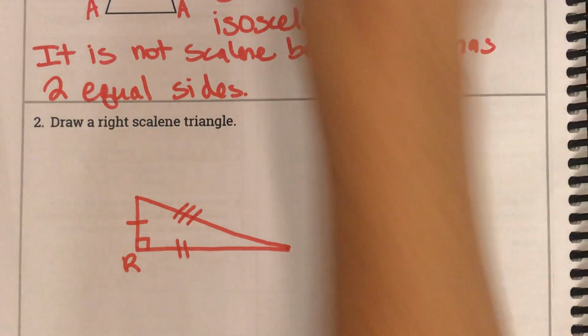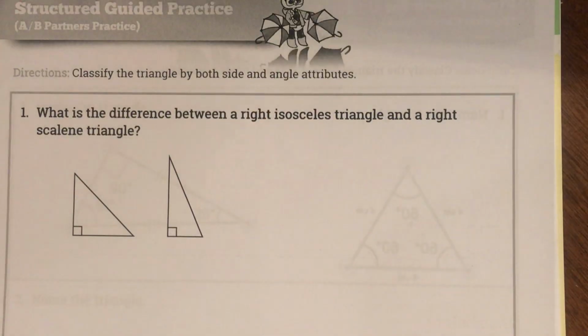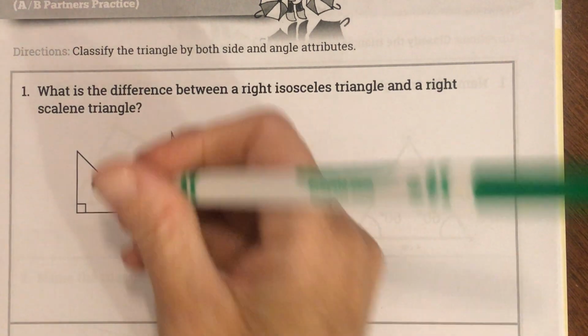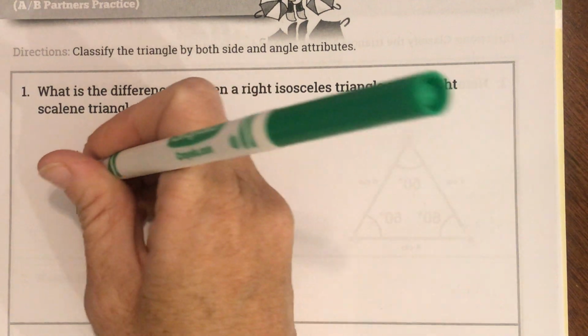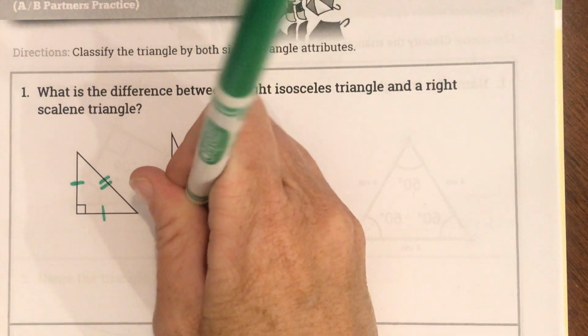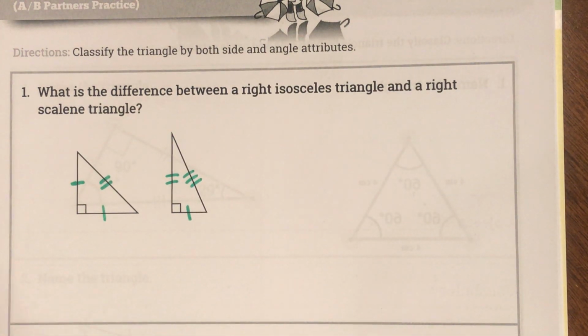Okay, so ladies and gentlemen, let's do some together. We are on page 232. And here's my first problem. What is the difference between the right isosceles triangle and a right scalene triangle? Okay, well, the right isosceles has these match, and this one's different, but the right scalene, none of them match.